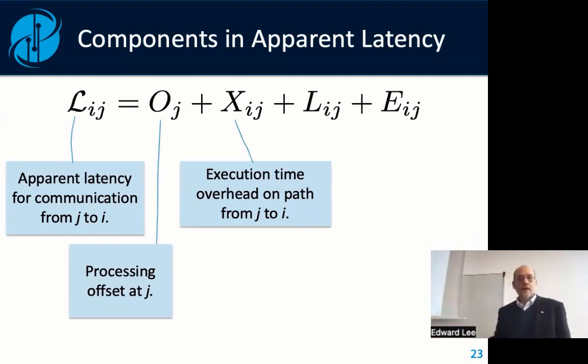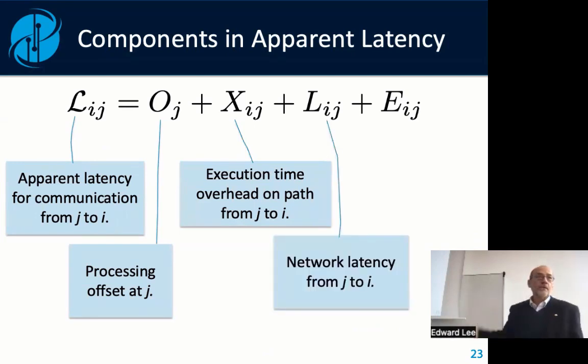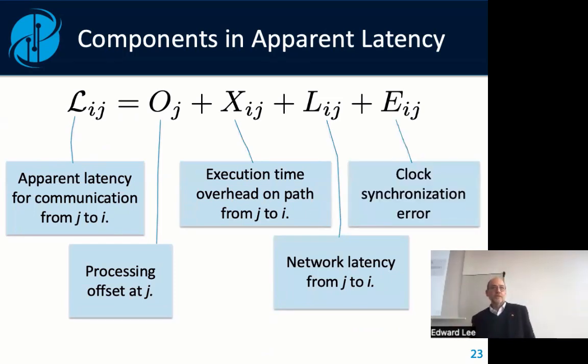That's going to affect the apparent latency. The network latency is going to affect the apparent latency. And lastly, the clock synchronization error affects the apparent latency because there's 2 sources of physical time information that come from 2 different clocks.